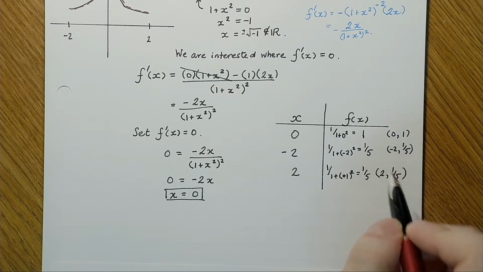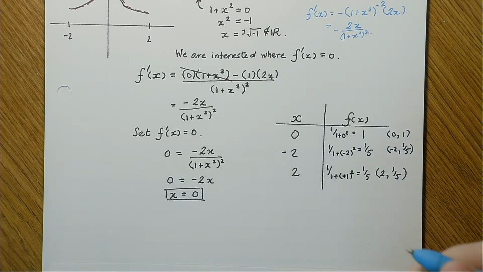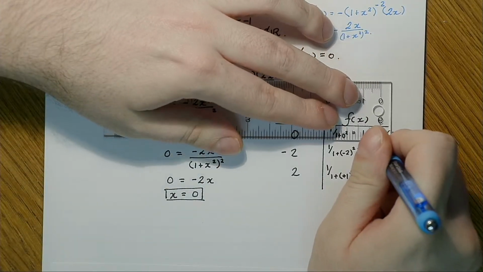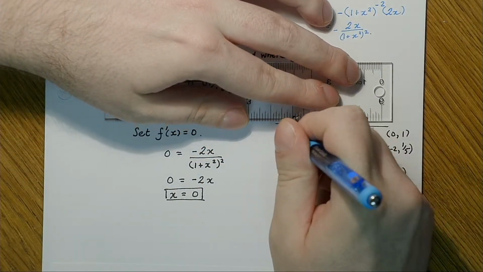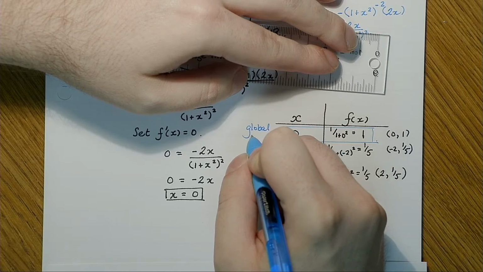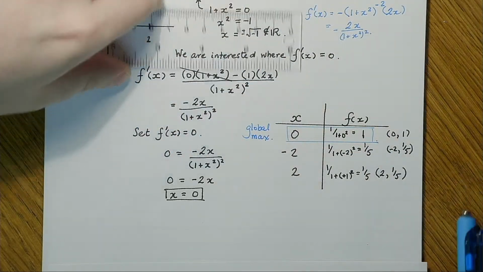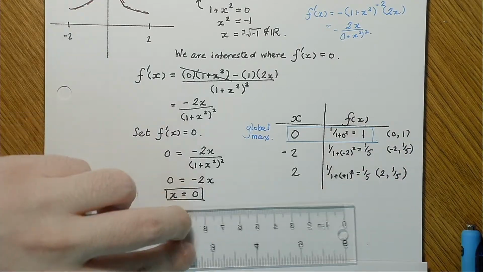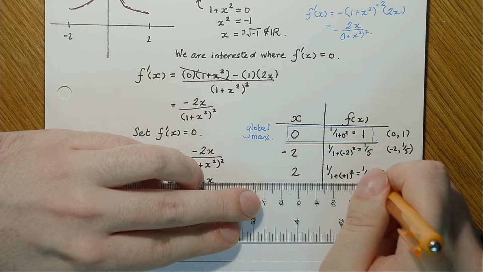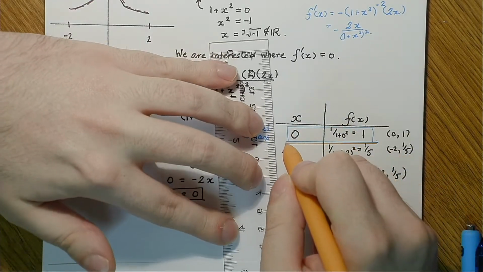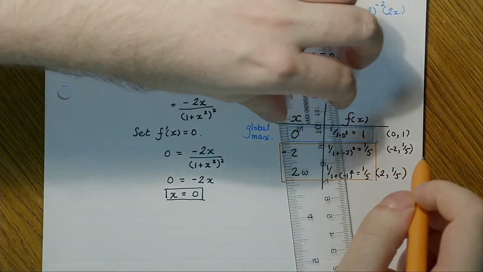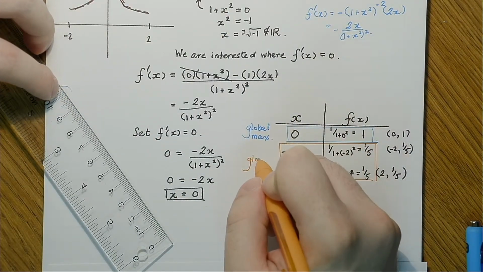So we finished this part off, and all you have to do now is look at where the bigger value is. This is the interesting one. This is their global max, and interestingly enough, I got two minimum values. You notice you don't necessarily have only one global maximum or one global minimum.